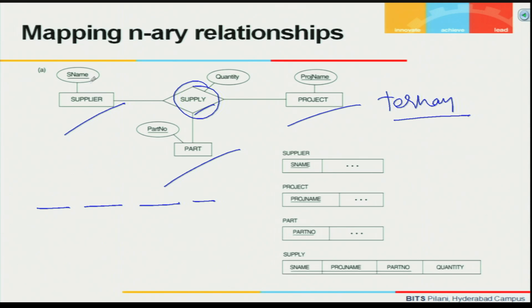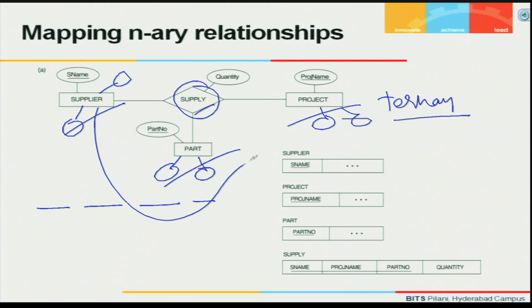Now, apart from these keys, let us assume that each entity type, a strong or regular entity type, has its own regular attributes. Let us assume that there are corresponding tables for capturing information about the supplier, this regular entity type, and for part you have this table, and then for project you have this table.